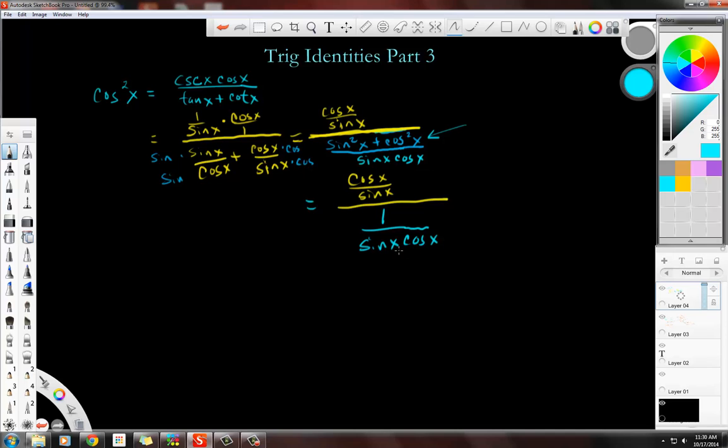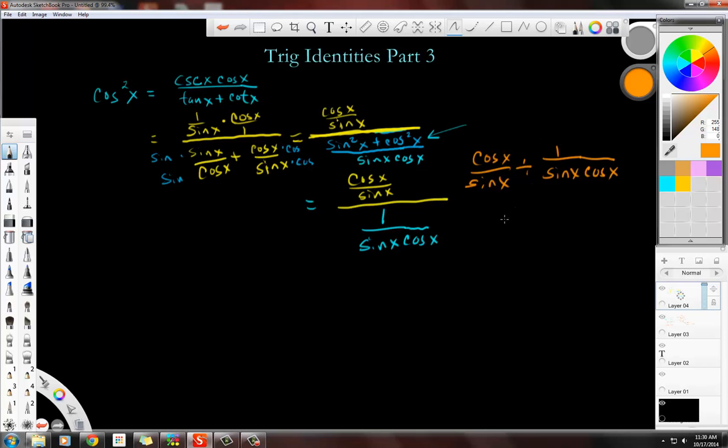Now I'm almost done with this problem at this point, because what I have now is a compound fraction or a complex fraction, and I have this divided by this. Probably best to write this out. So cosine x over sine x divided by 1 over sine x cosine x.